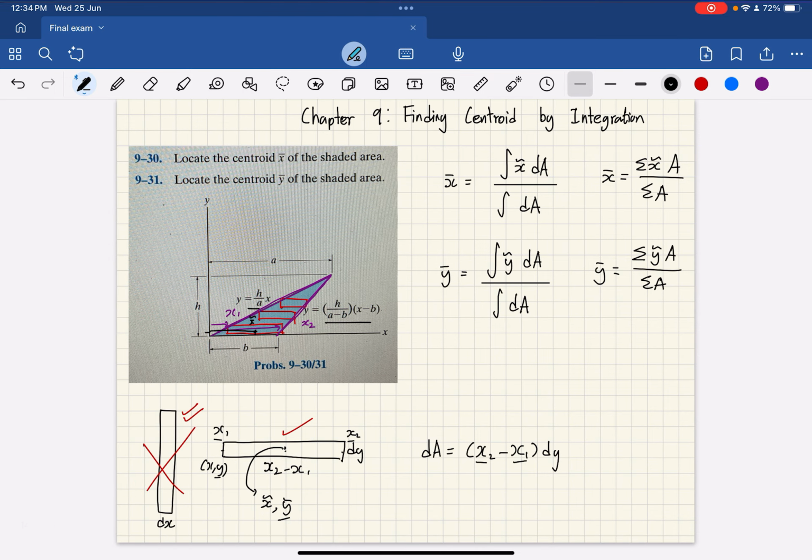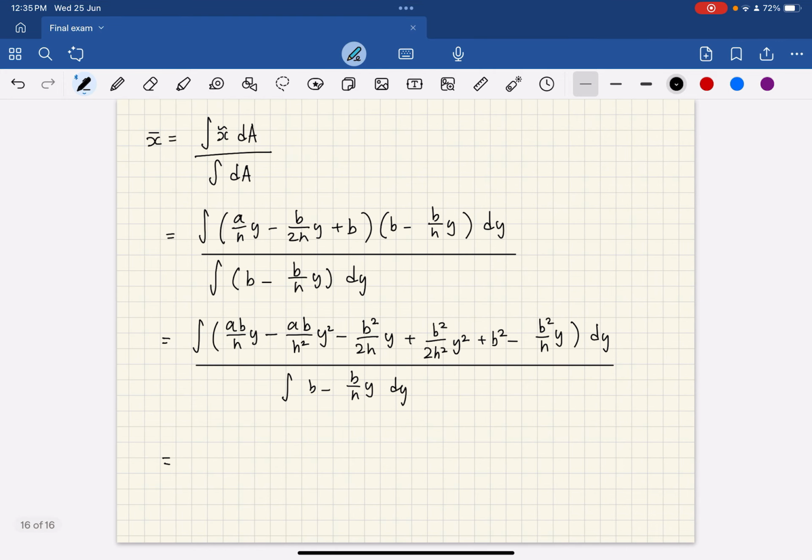Now, the question is about the limits. Since we're integrating with respect to y, we're integrating with respect to the horizontal elements, sort of chopping it off. So our limit is from 0 to h. It's much simpler, right? 0 to h only. So in this case, we can apply the limits and start with the integration. We're going to put the limits right here also, h and 0.